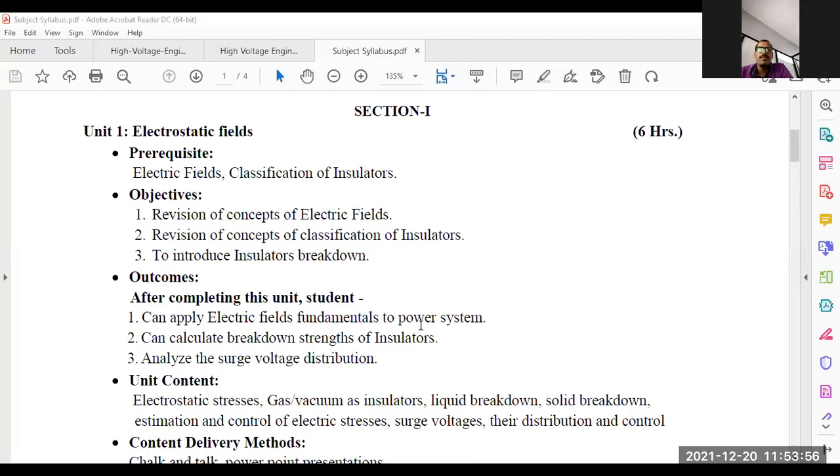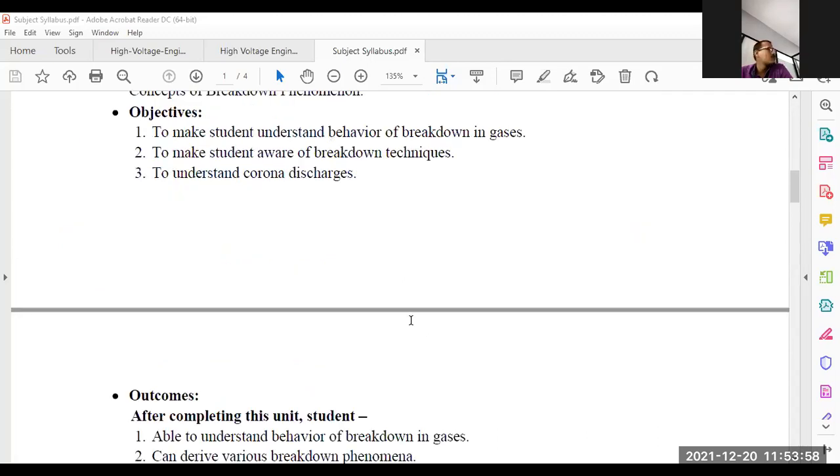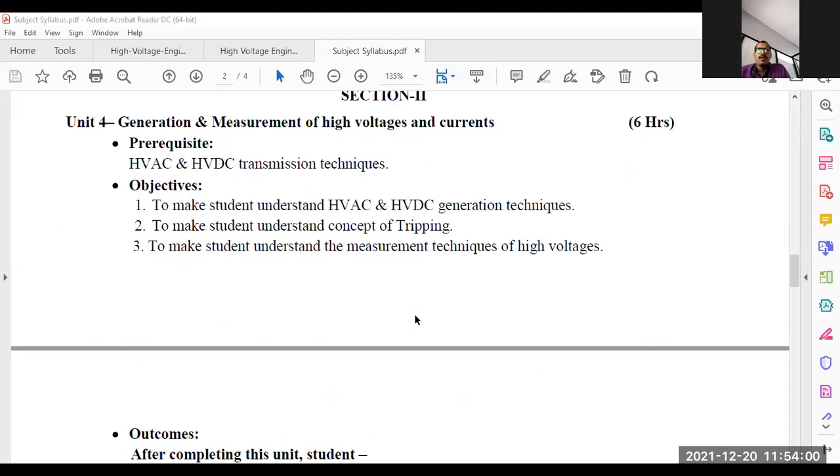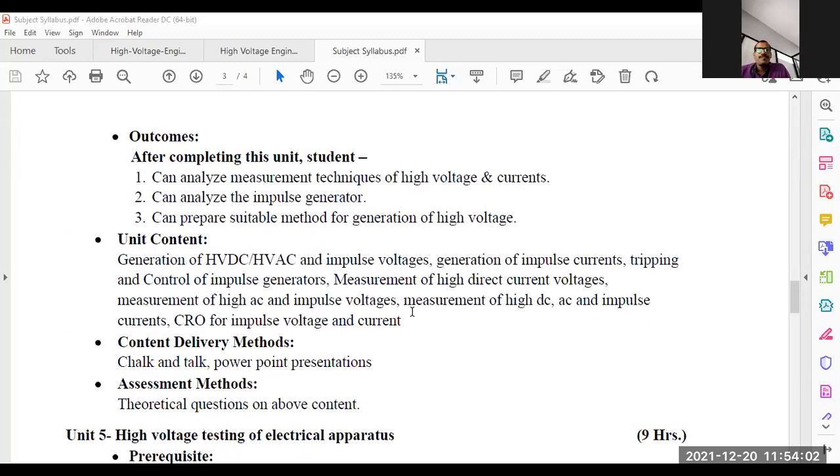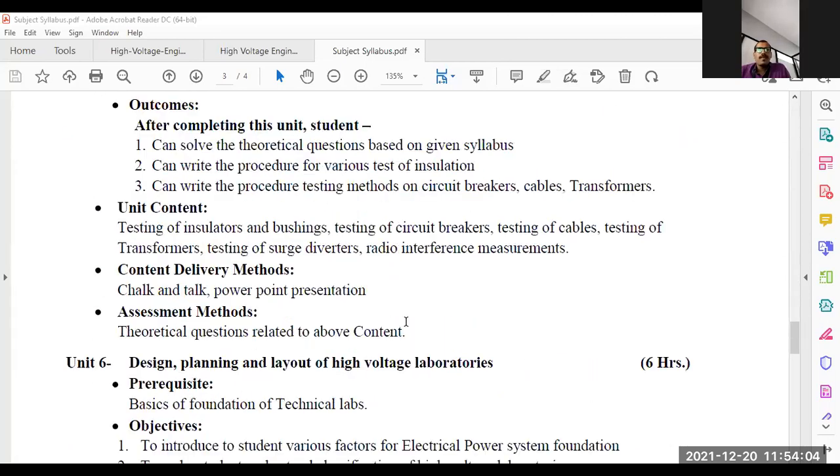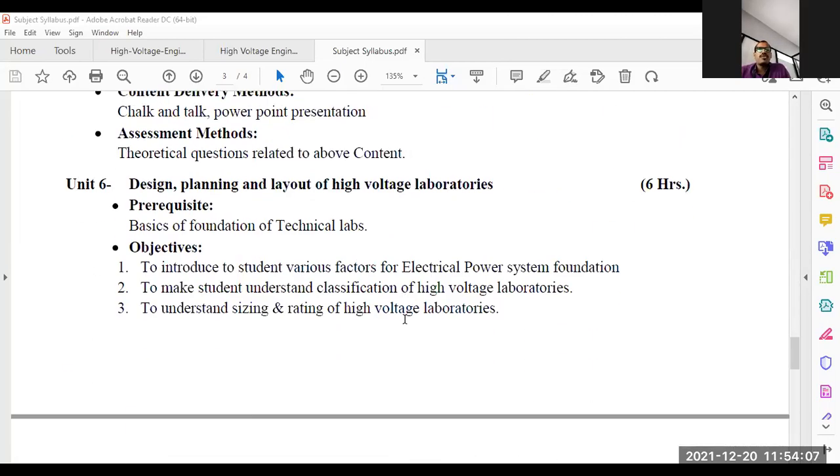Is it visible? Okay, fine. This is the last unit, that is the design, planning, and layout of the high voltage laboratory.